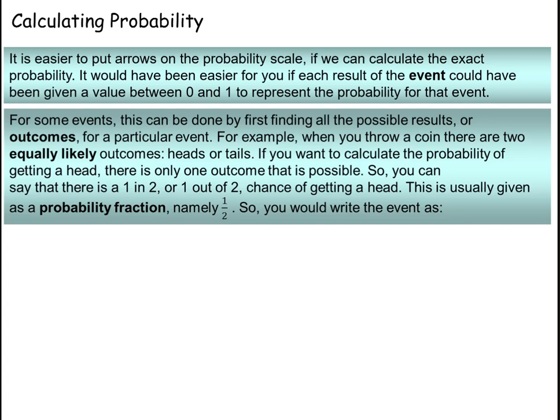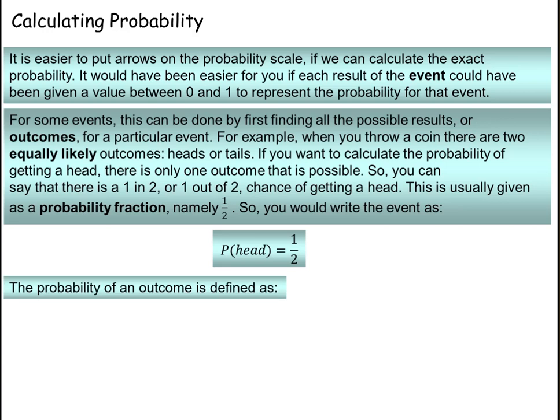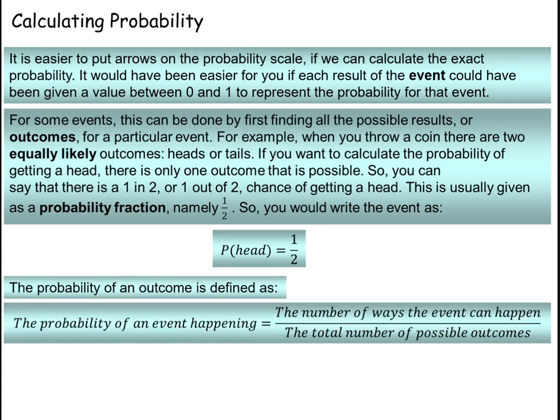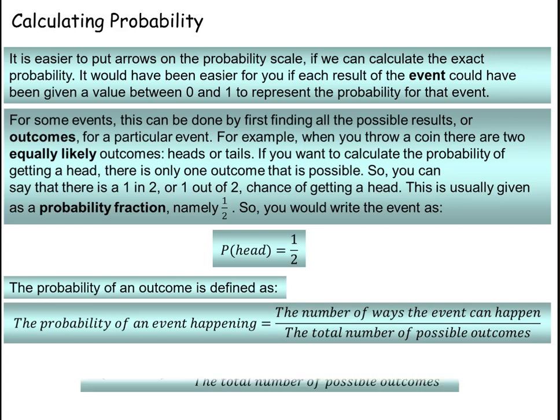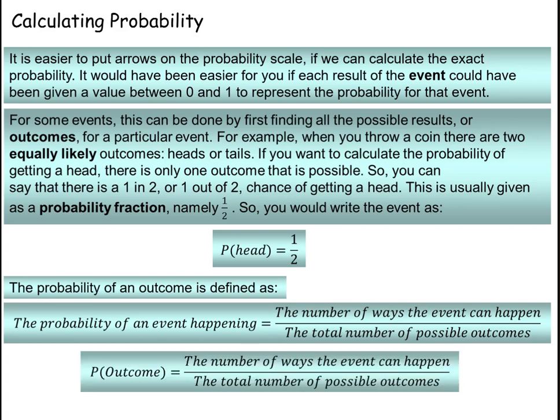As we looked at when we were tossing a coin, the probability of getting heads is 1 out of 2. This is how we write probabilities. We say the probability of getting a head is 1 out of 2, and the probability of an outcome, as we've seen earlier, is the number of ways the event can happen divided by the total number of possible outcomes.